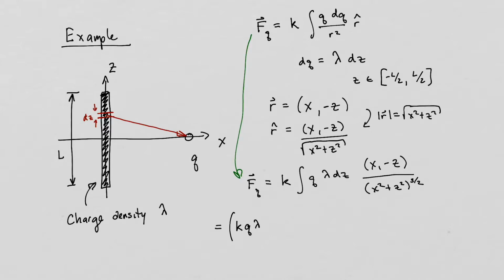So kq lambda times the integral of x dz over x squared plus z squared to the 3/2, comma, kq lambda times the integral of minus z dz over x squared plus z squared to the 3/2.